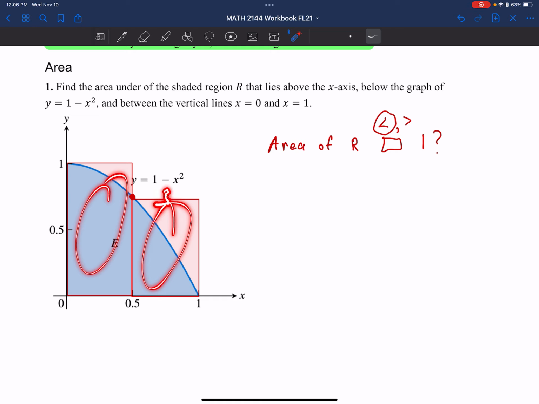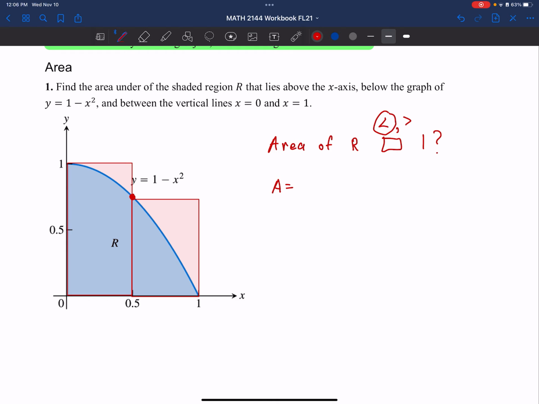Before we do that, is that going to be an overestimation or an underestimation of the actual area of the blue region? It's going to be an overestimation because we have this little bit of extra right here. So let's figure out how to find the sum of the areas of the red regions.